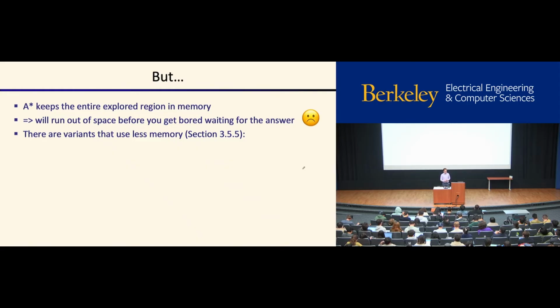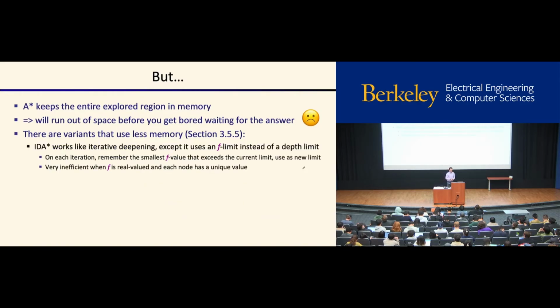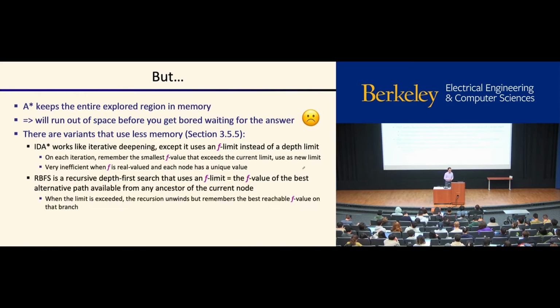We talked about how iterative deepening depth-first search was a nice version of depth-first search that could get you to optimal solutions, because you have to explore all the nodes of depth 1 before nodes of depth 2. We can do the same idea with A star. We can do iterative deepening A star, expanding in terms of F score instead of depth. And this can help us in memory. There's a couple of other variations that I'm not going to go into the details of.